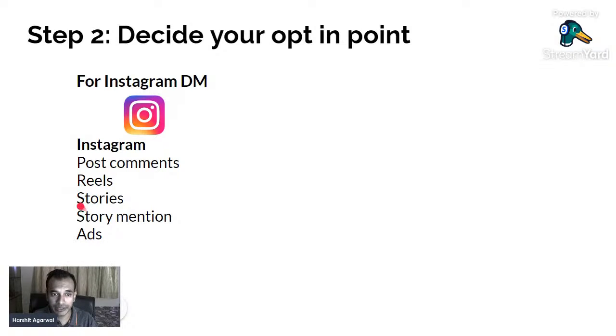We can ask people to reply to the stories with a particular keyword. The business can ask people to mention them in their stories, and then get the automation triggered. And the last option is, if the organic engagement is low, then the lead magnet can also be delivered using ads.